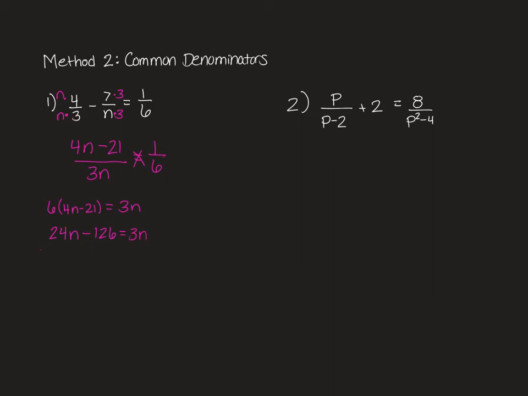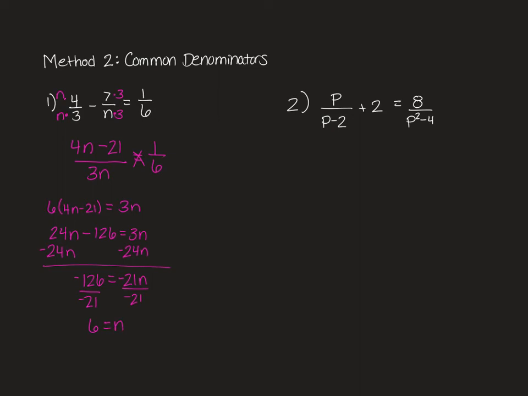So we can subtract the 24n from both sides. I get negative 126, 3 minus 24 is negative 21n. Divide by negative 21, and you get 6. n is equal to 6.